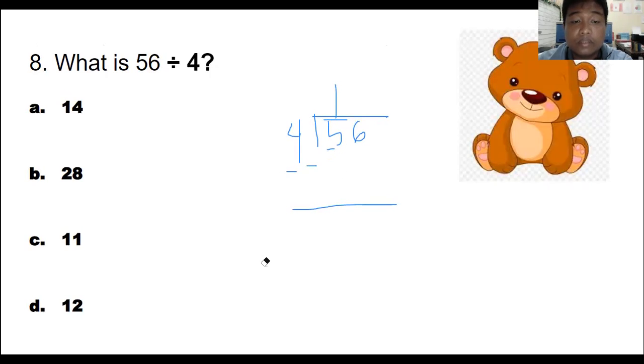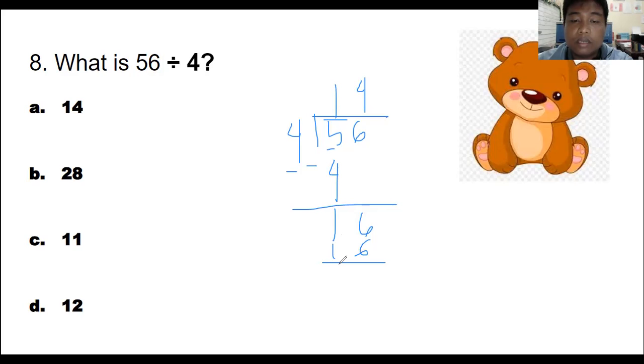So, that is 4. Okay, so 5 minus 4, 1, then bring down 6, and then we will now proceed to 16 divide 4. So, look at the multiplication of 4. 4 times 1, 4, 4 times 2, 8, 4 times 3, 12, 4 times 4, 16, 4 times 5, 20. So we'll use the 4 times 4, 16.